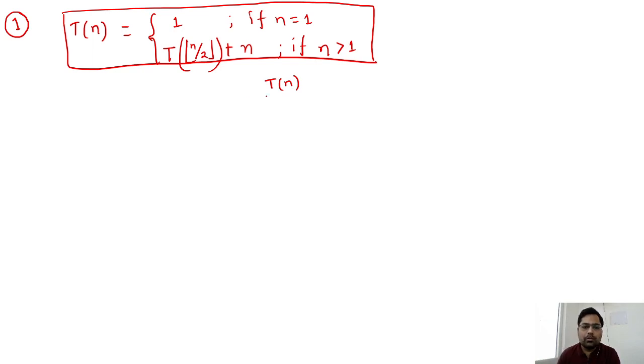You can remove the function, because for T(n), if you are going to expand the next one, and the floor or ceiling is written, you simply write n by 2. No need to get confused, because if floor or ceiling is written, you take it as a whole. That's why I'm taking this example.